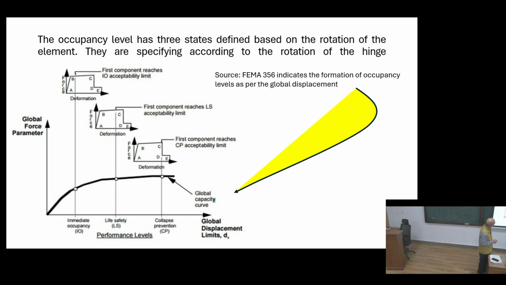When you come to collapse prevention, that means you are at the ultimate stage. So you are here. When you are here, there is a sudden drop of load. If you have done the experiment on reinforcement bar, have you tested the bar any time? No?